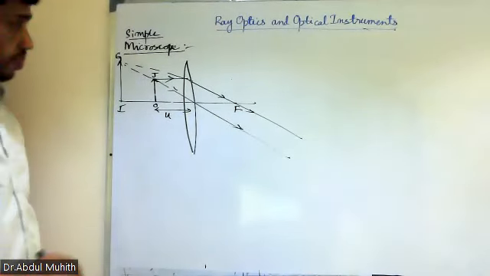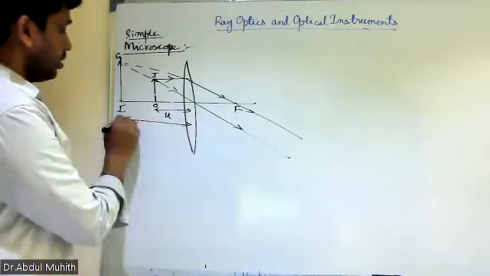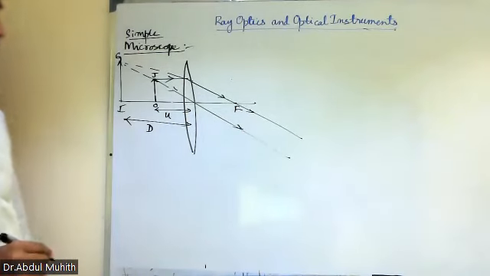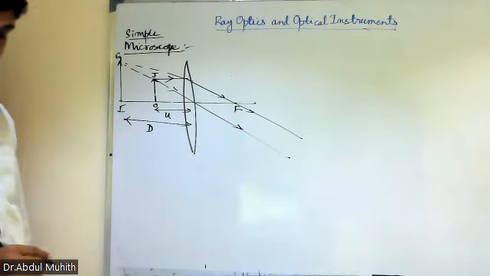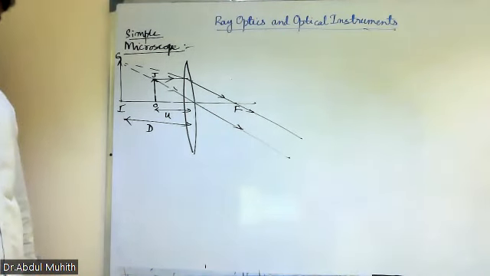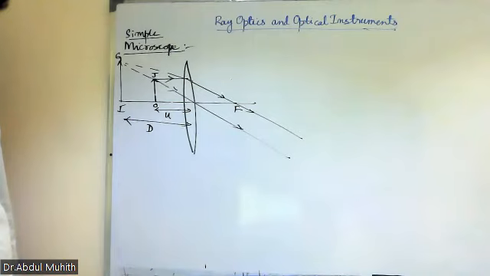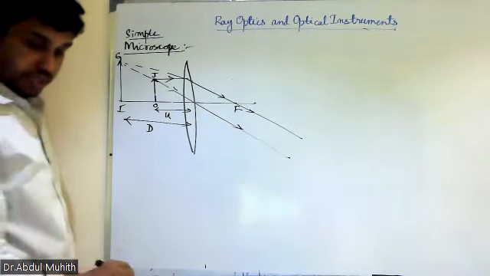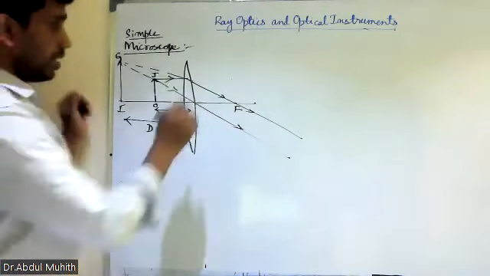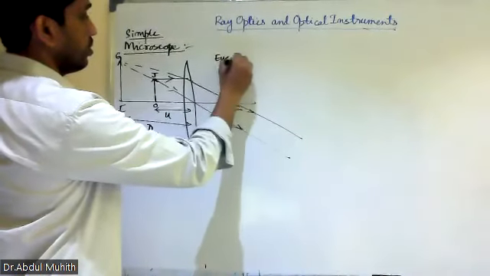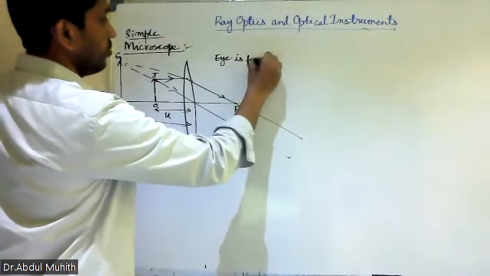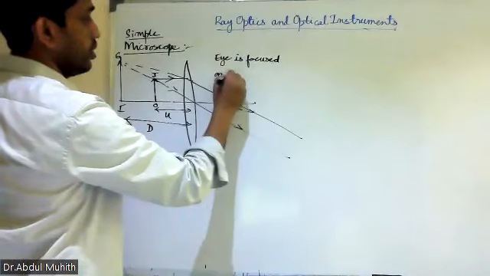Now u is the object distance, and D is the least distance of distinct vision. The image is formed at the near point.